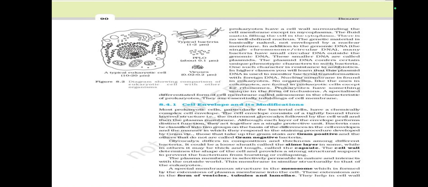Glycocalyx differs in composition and thickness among different bacteria. It could be a loose sheath called the slime layer in some, while in others it may be thick and tough, called the capsule.